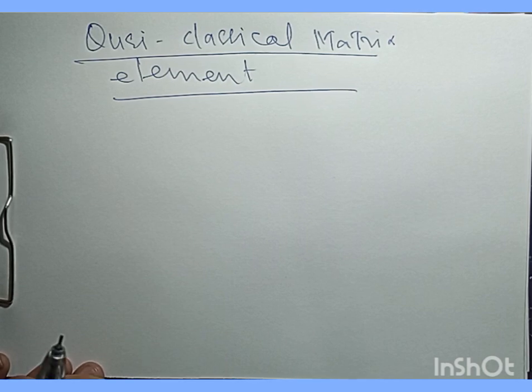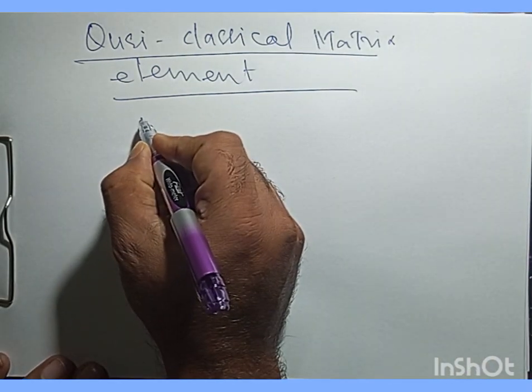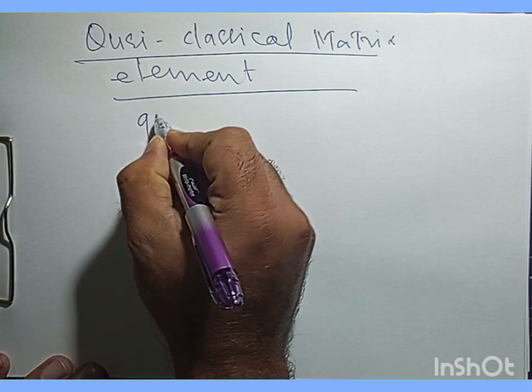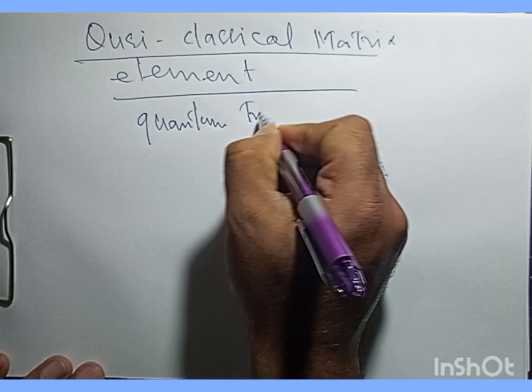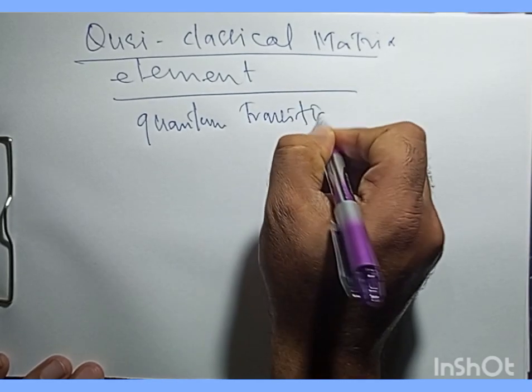And this quasi-classical matrix element, it refers to the approximation of quantum transitions.